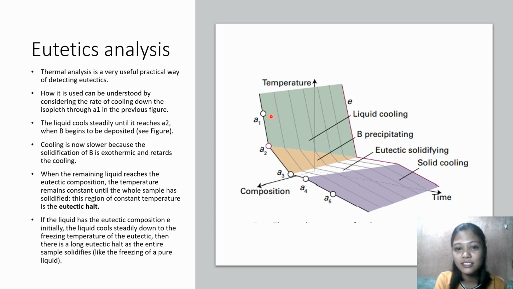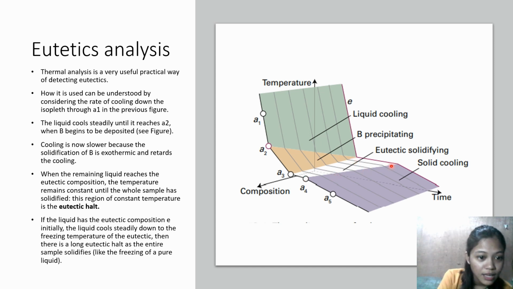Unlike in this liquid here, nag-agi pa siya sa different state and hasta nakalabot siya sa solidifying sa eutectic nga halt. Okay. So, if a liquid has eutectic composition, gadiretso na siya dayon solidify.